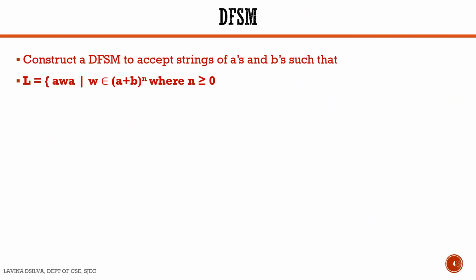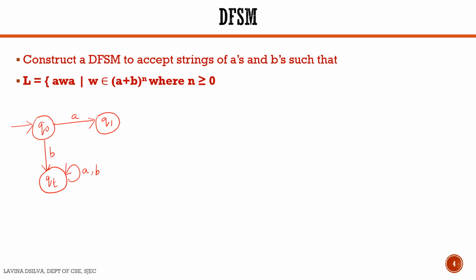So I'll redraw the DFSM. In Q0 state, if we see an A, then we go to Q1 state, and in Q0 state, if we see a B, then we go to the trap state. Here we can have any number of A's and B's.